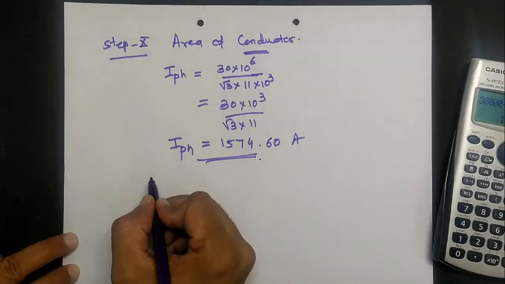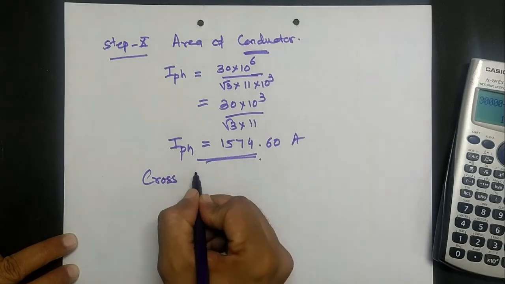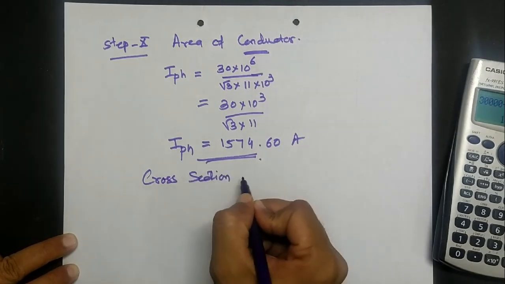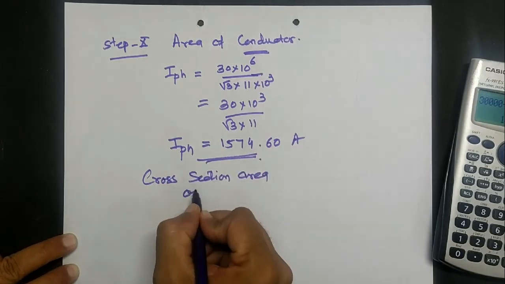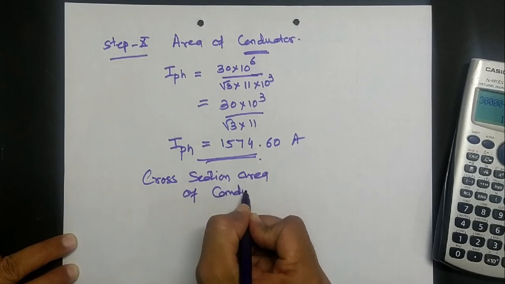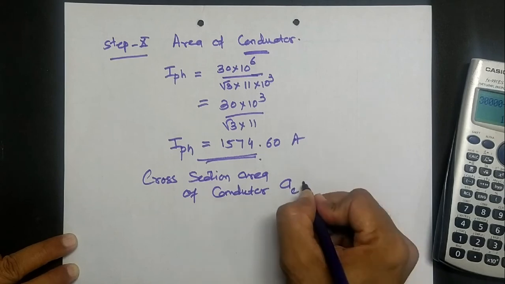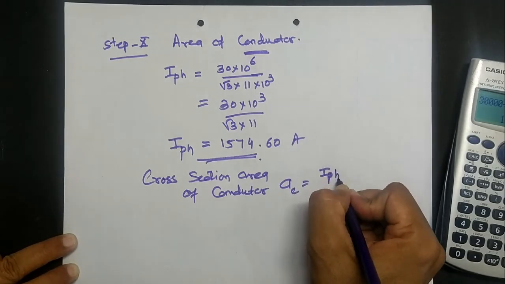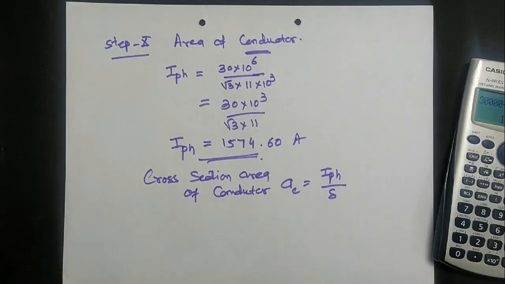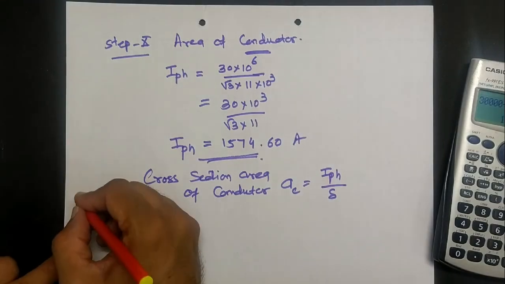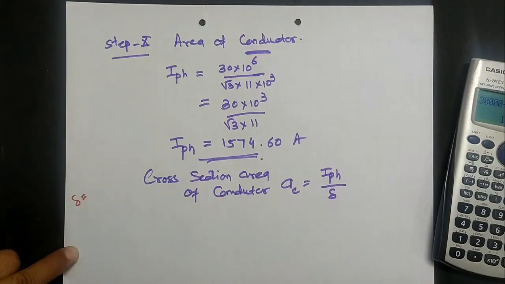So the cross section area of the conductor, A conductor, is I phase divided by delta, where delta is the current density. We can take a higher value of current density for a turbo alternator, because in a higher speed machine proper cooling gear is always provided.